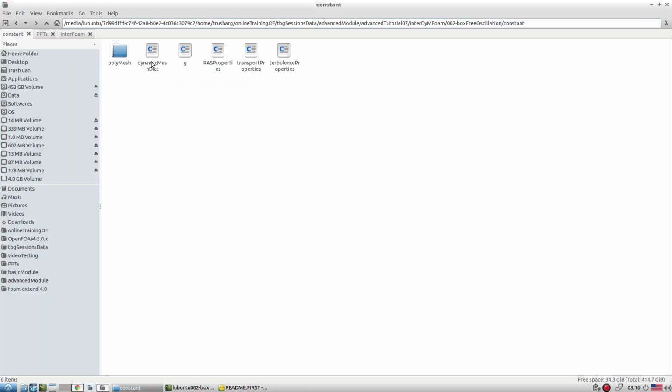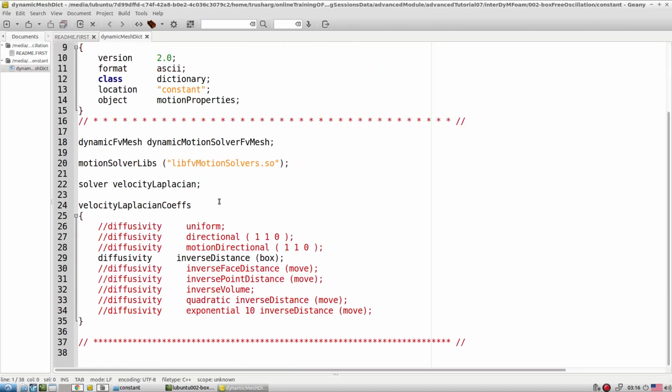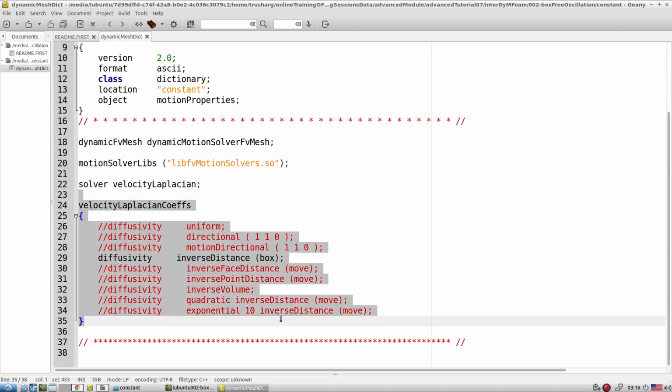Now, in the dynamicMeshDict file, we need not specify the motion here. We specify the velocity Laplacian or velocity component Laplacians, and along with that we have to work with the diffusivity part that you remember from our previous tutorials.